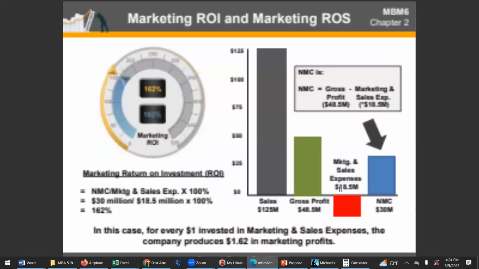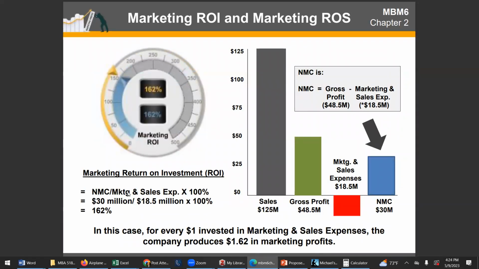Now, when we're looking at marketing return on investment, we have that net marketing contribution of 30 million, either broken out or estimated, divided by marketing and sales expenses of 18.5, right? So 30 divided by 18.5 is 162%.